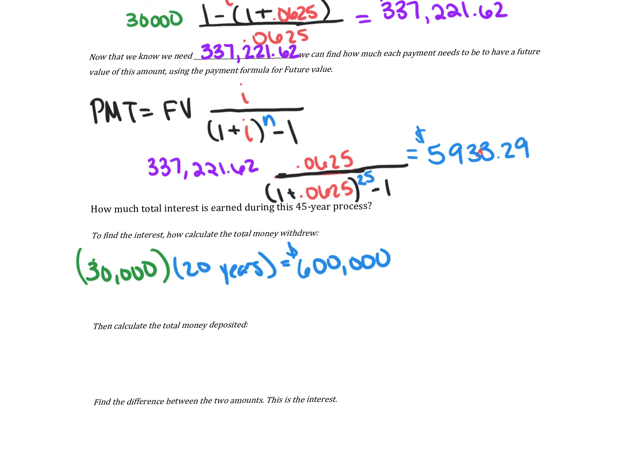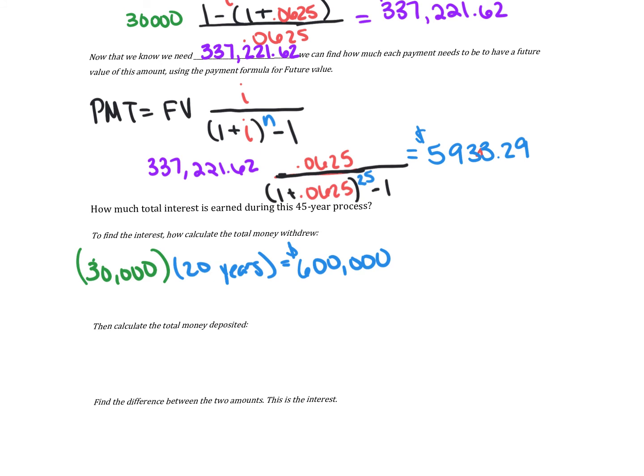And in our deposits, we've made this $5,933.29 deposit for 25 years. So we'll take that and multiply it by 25.